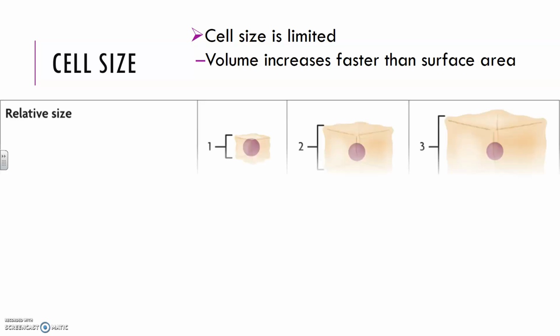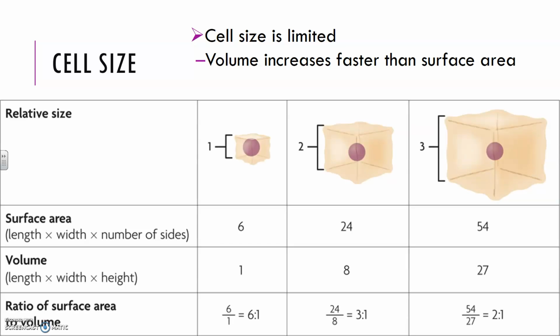So that might sound a little bit weird, but if we look at this, in this first column here, we have a cell. Obviously, it's a square cell, which doesn't really happen, but it has lengths of 1. Okay, so 1 whatever. It could be nanometers, it could be picometers, doesn't really matter. It's just a length of 1.